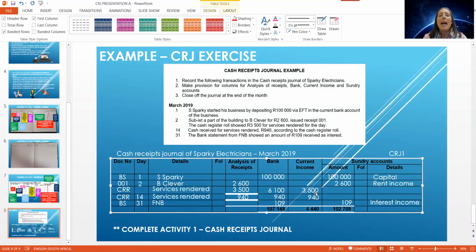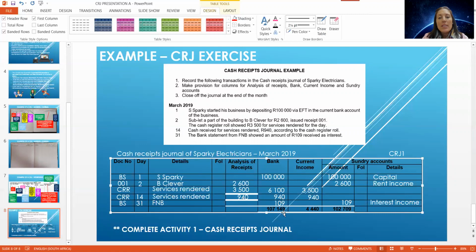Now, grade 8s, a way for you to check whether you have done your adding or calculations correctly is that the bank column's total must always be equal to all the other columns' totals. So check for yourself.